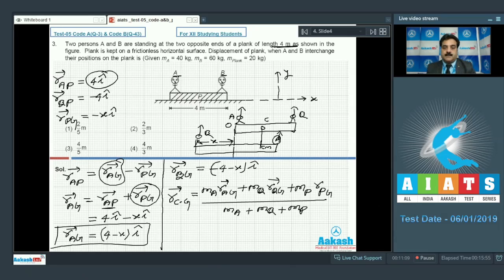As you know very well, this is the simple formula for the calculation of the center of mass. For the further calculation, I need a board, so we'll see in the next.